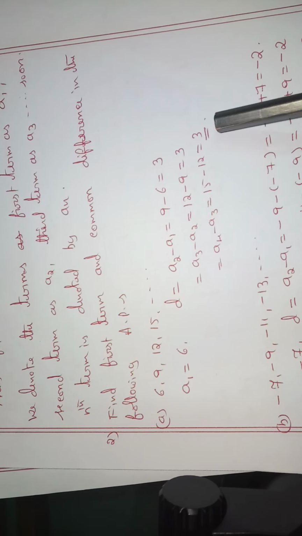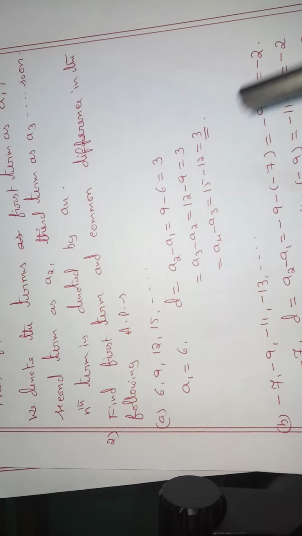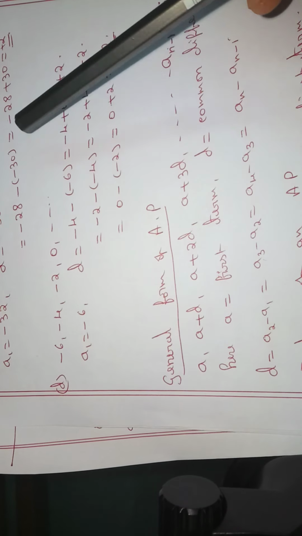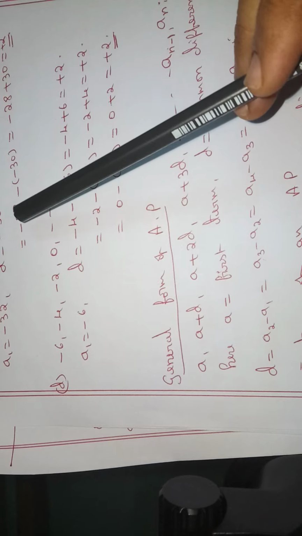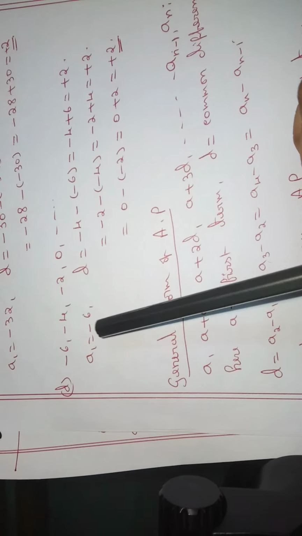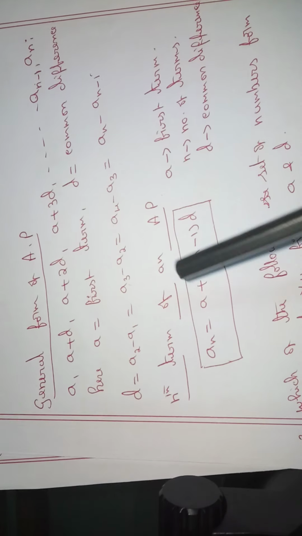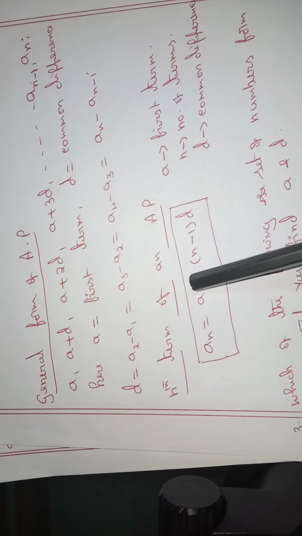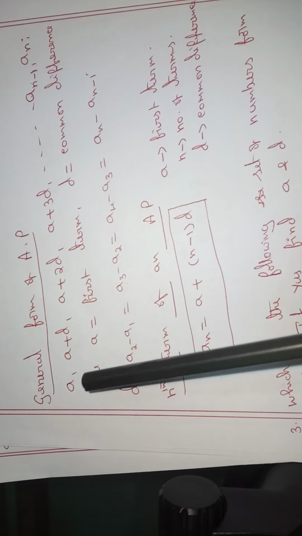Fourth term minus third term is also 3. Likewise, we solved 2 sums and I gave 2 sums as homework. Or we did it in the class itself, isn't it? We completed those.